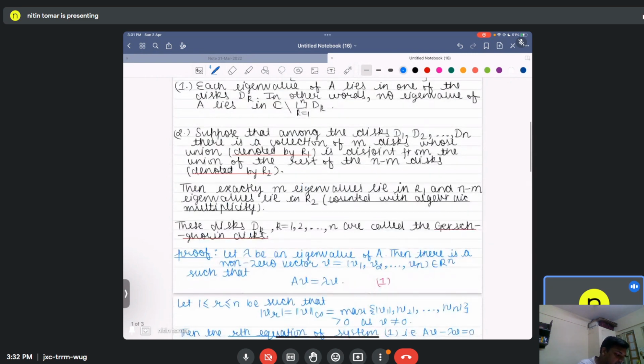The second part says, suppose that among the disks there is a collection of m disks whose union is disjoint from the union of the rest of the disks. Then exactly m eigenvalues lie in that disjoint union.